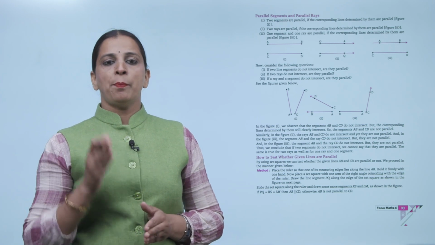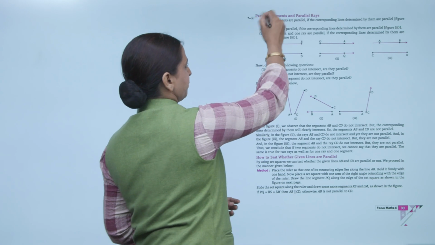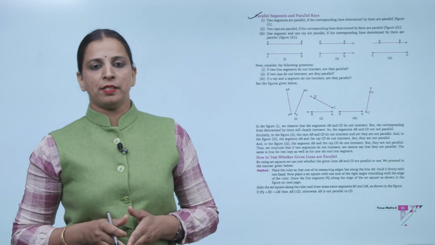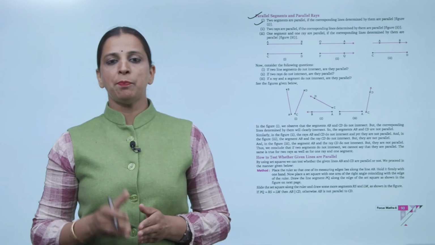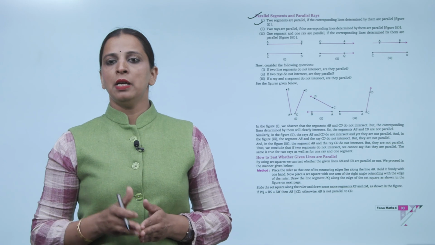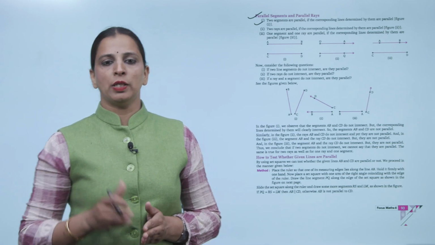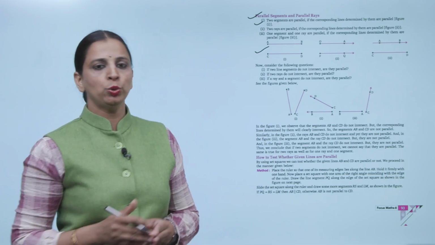Now, next is parallel segments and parallel rays. First point. Two segments are parallel if the corresponding lines determined by them are parallel. Figure 1, this AB and CD. Number 2.